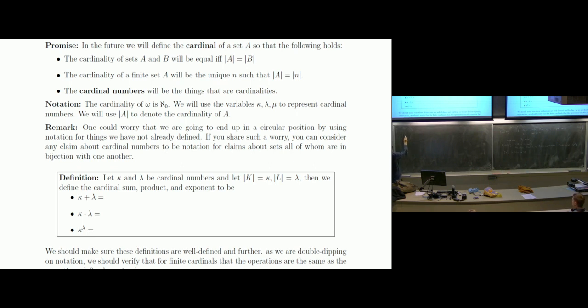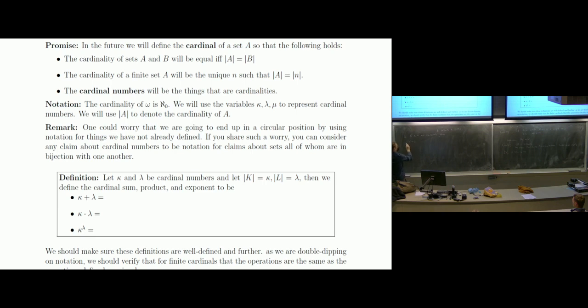If kappa and lambda are cardinals, I also want sets K and L which have the right size. So K has size kappa, L has size lambda.